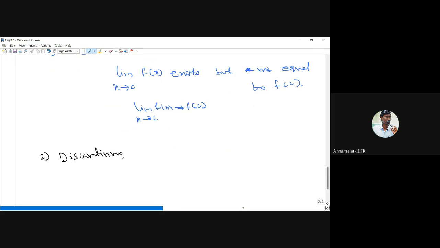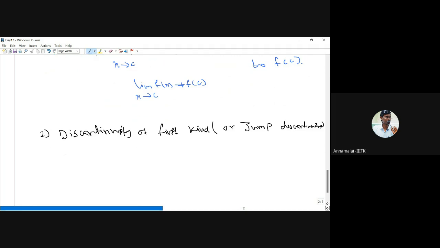When we say a function has a discontinuity of the first kind, both the right hand limit and left hand limit exist, but are not equal.